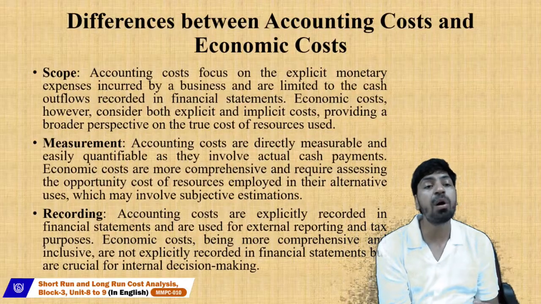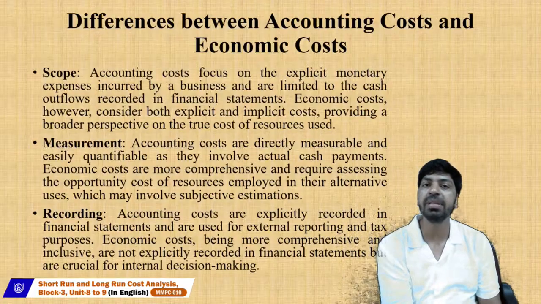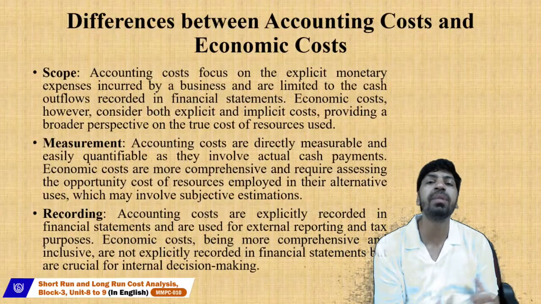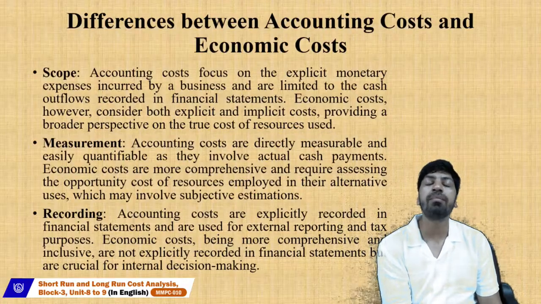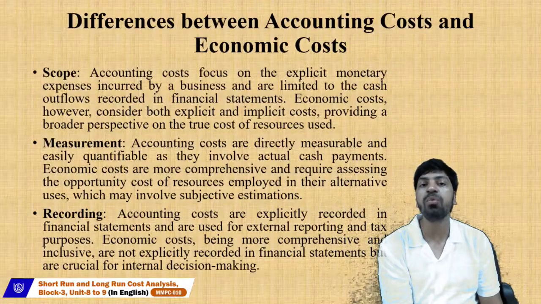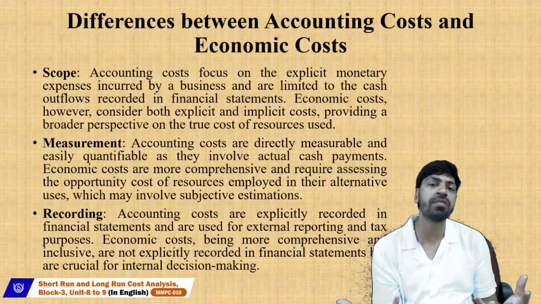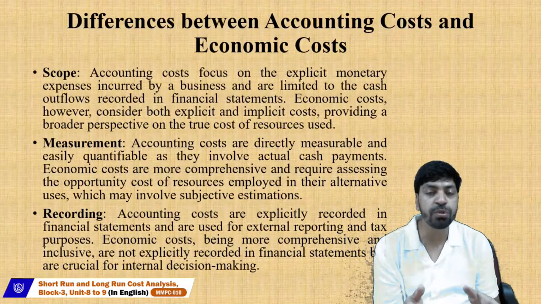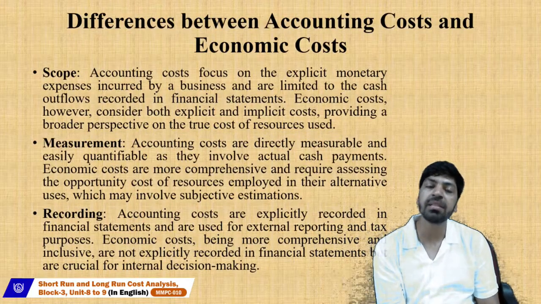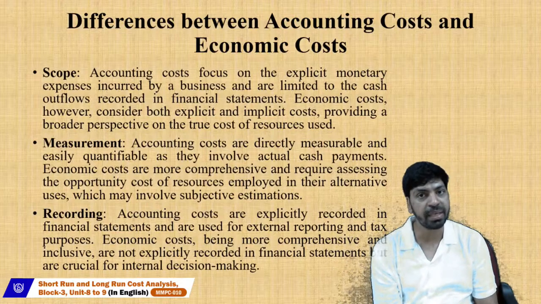But economic cost considers both implicit and explicit cost, and it is a broader term than the accounting cost because it includes all those costs of resources which are being used during the process of any decision making by the company.